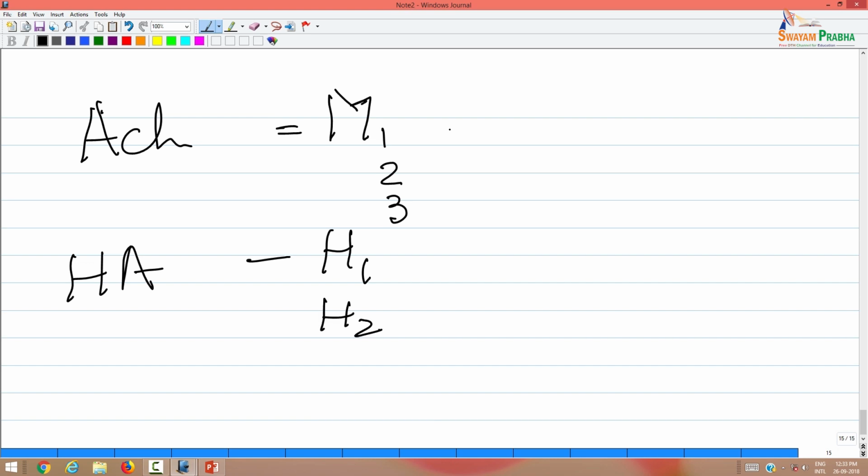Now, if acetylcholine acts at maximum, the intrinsic activity is 1. That is acetylcholine. If the intrinsic activity is slightly lower, the example is carbachol. Histamine has the highest activity, therefore it is not used clinically.